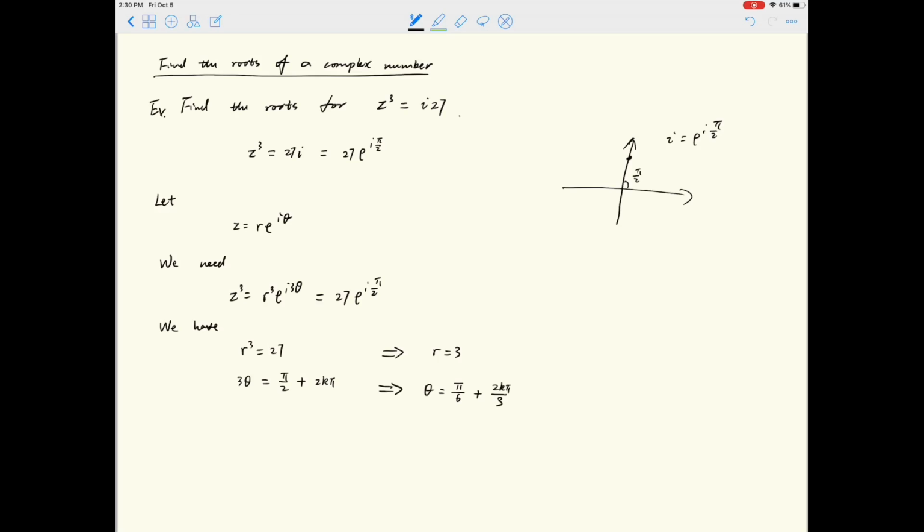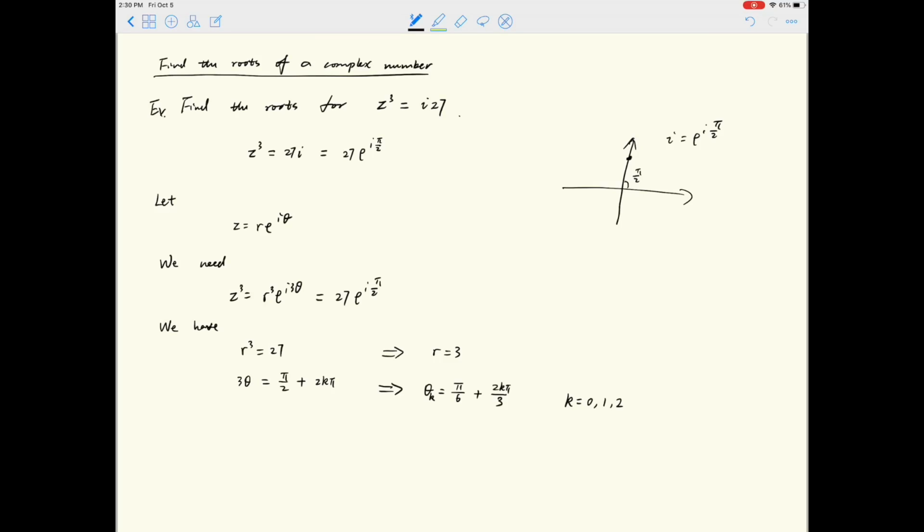So you can see that the radius r only has one value, but theta can have multiple values. These different values are indexed by k here. So we need to decide the range for k. You only need to select k that gives you distinct values for theta k. For this, it's relatively easy: k equals 0, 1, and 2.